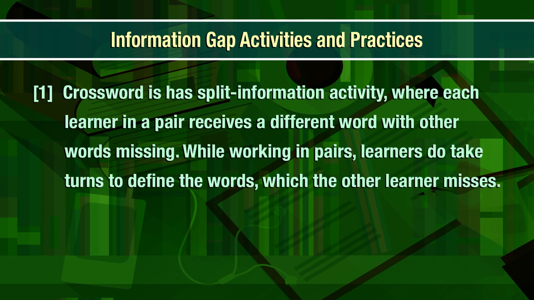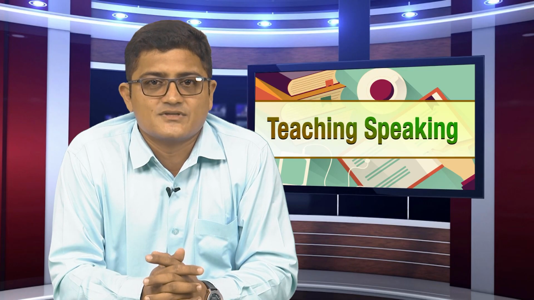Other activities may include crosswords, where each learner in a pair receives a different one with different words missing. Working in pairs, learners take turns to define the words which the other learner is missing. If learners have not done this before, it is useful to pre-teach language such as 1 down and 4 across.